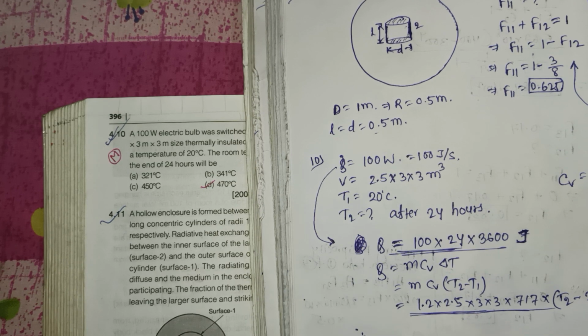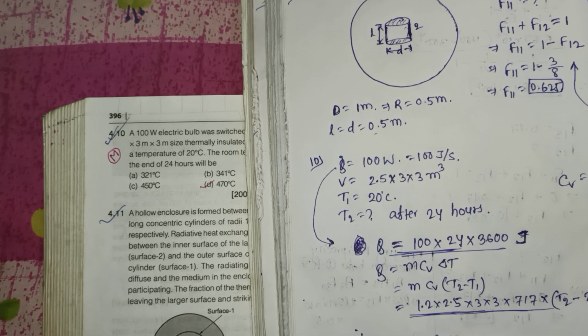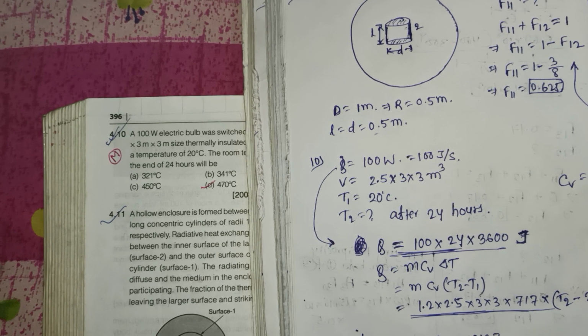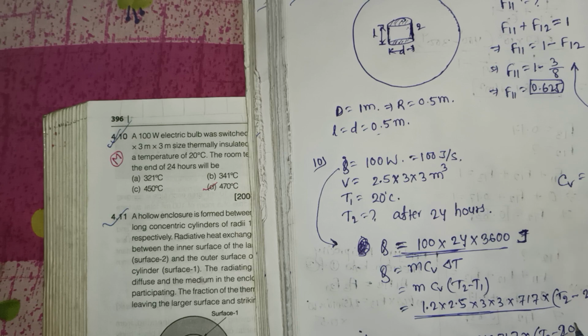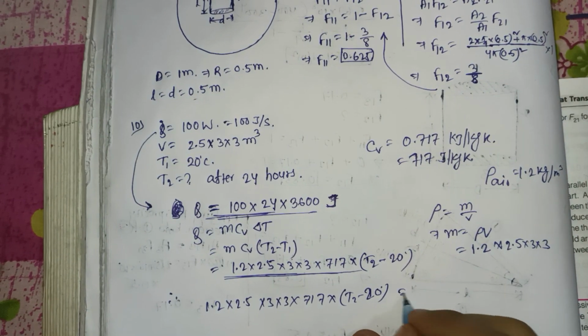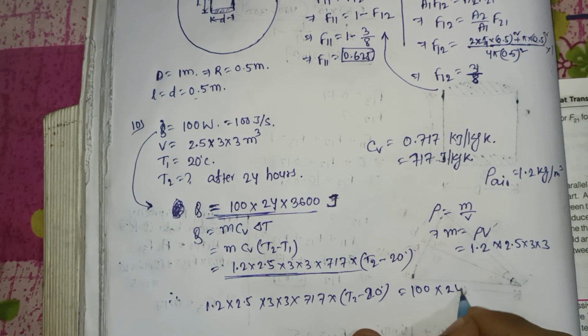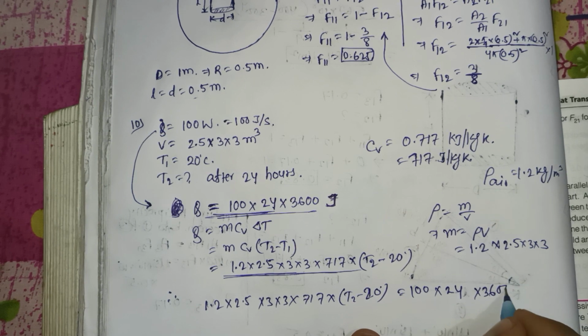So this is equal to 1.2 into 2.5 into 3 into 3 into 717 into (T2 minus 20 degrees), that is equal to 100 into 24 into 3600.